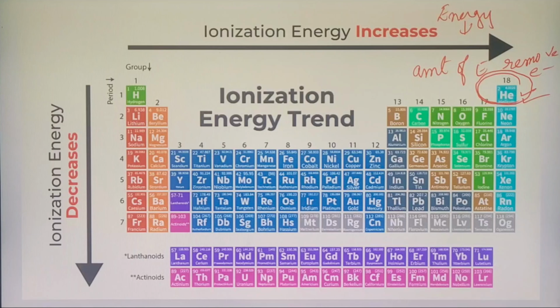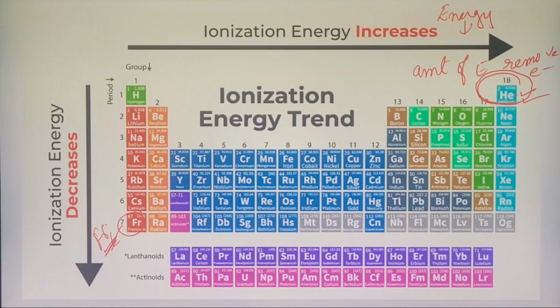And we know ionization energy from left to right increases. So this is already a duplet. It is stable. But if I have to remove an electron, helium is going to be the most difficult element. I will have to put in a lot of energy to remove an electron. Whereas the element with the least ionization energy will be francium.